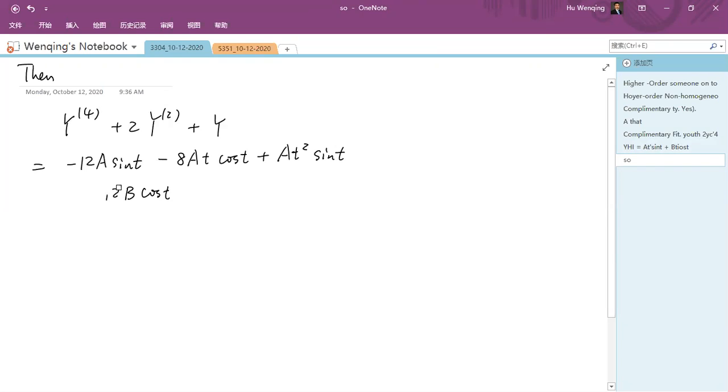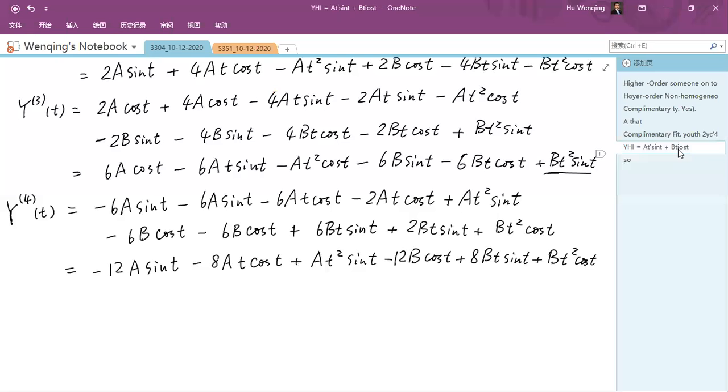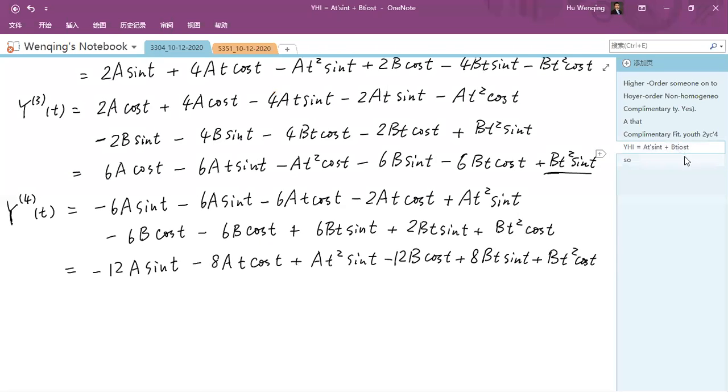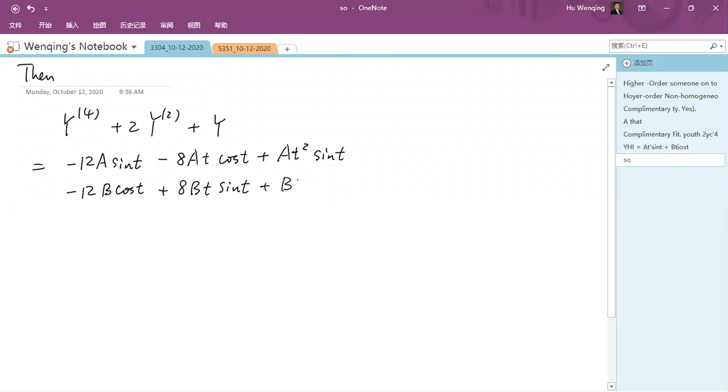Let me write it more tidy: 12 times b of cosine t plus 8 times bt of the sine t, and then plus bt squared multiplied by cosine t. So that's the fourth derivative.